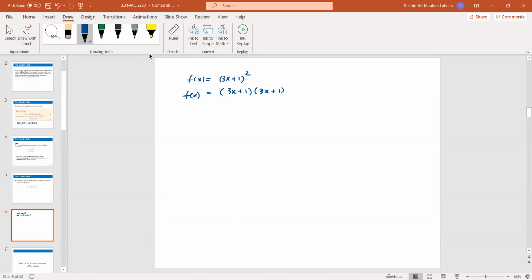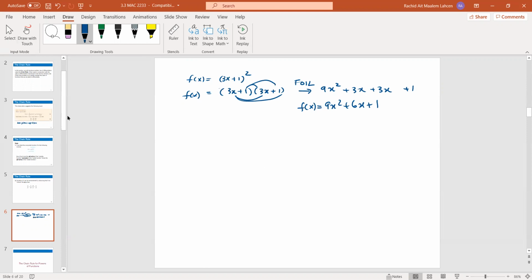And FOIL. So let's do it, then I'll explain a little more about the chain rule. You have 9x squared, a 3x, another 3x, and a 1. So 9x squared plus 6x plus 1, that's f of x.